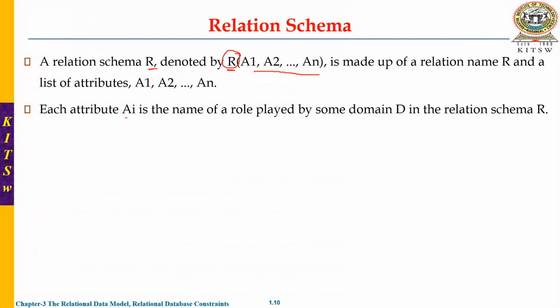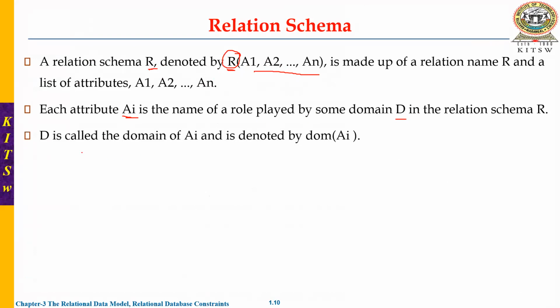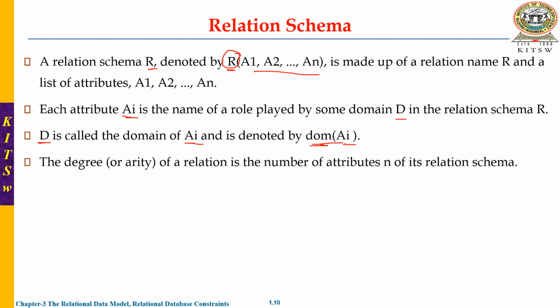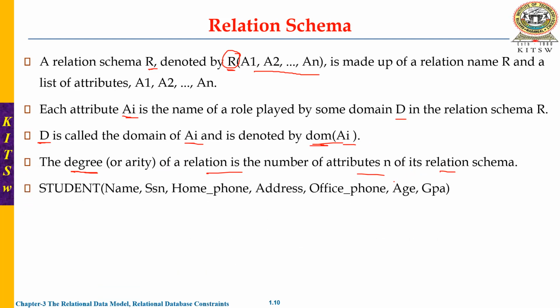Each attribute Ai is the name of a role played by some domain D in the relation schema R. Capital D is called the domain of Ai and is denoted by DOM(Ai). The degree, that is the number of columns of a relation, is the number of attributes n in its relation schema.